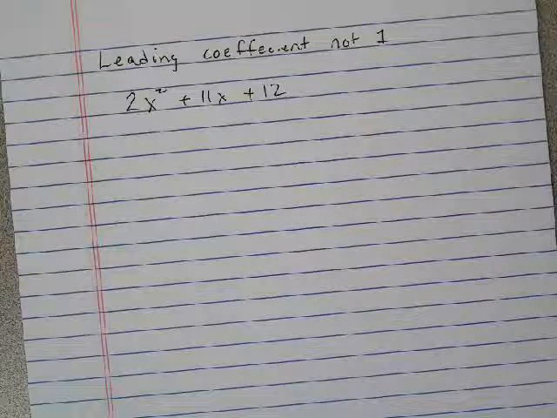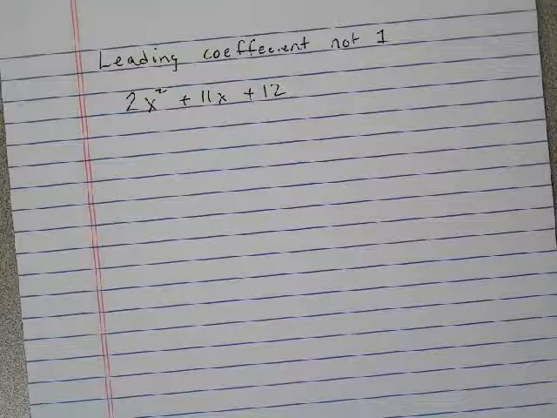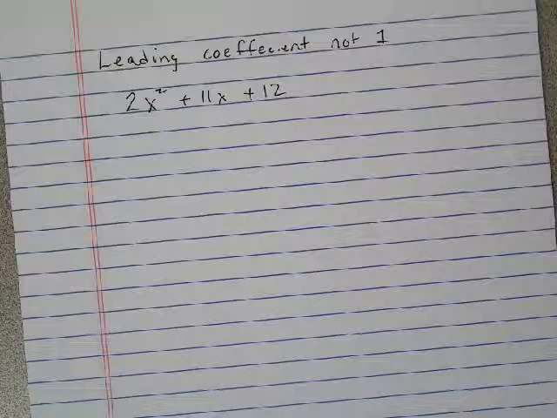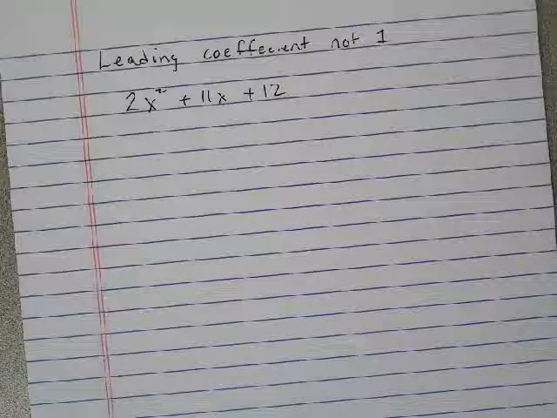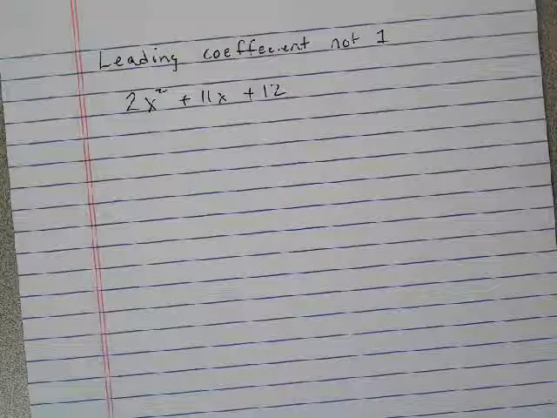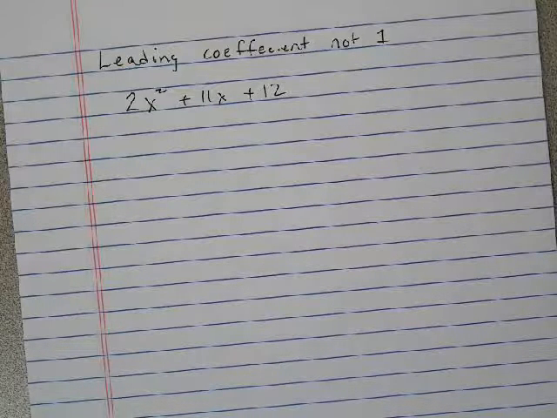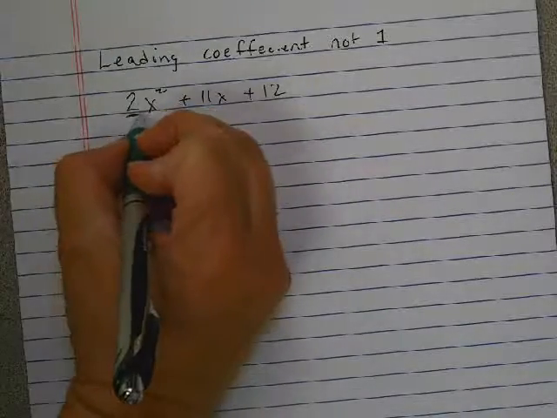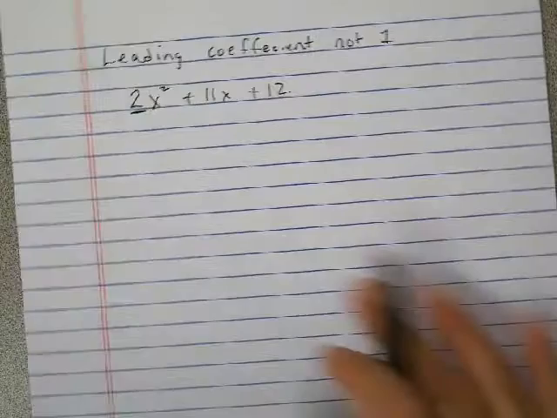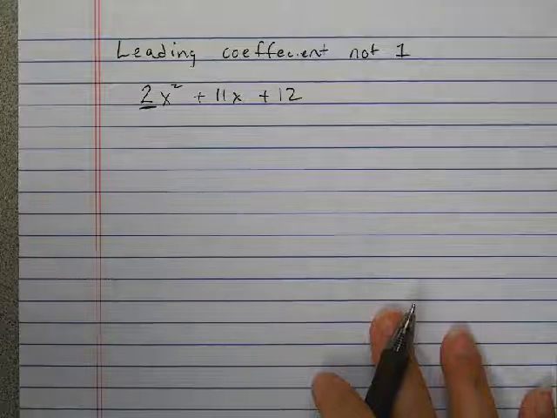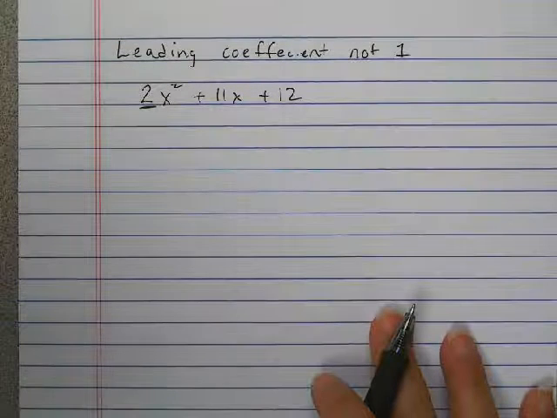All of the ones that we've done up until now, the very first term was x squared. This one is not. Instead of just a positive x squared, we have a number in front of the x squared. So when there's a number that is not 1 in front of the x squared, then your factoring has to be done a little bit differently.